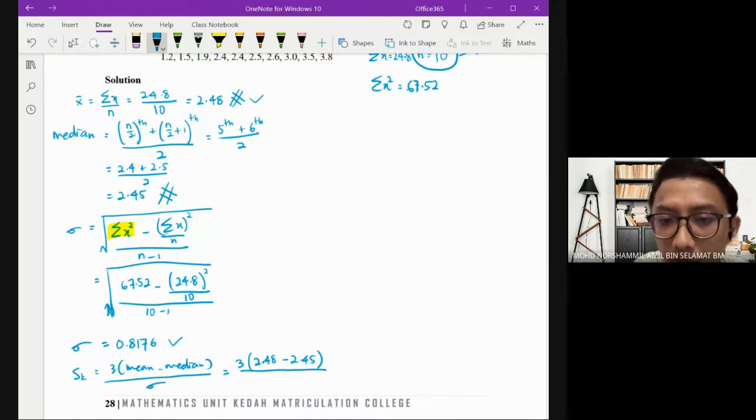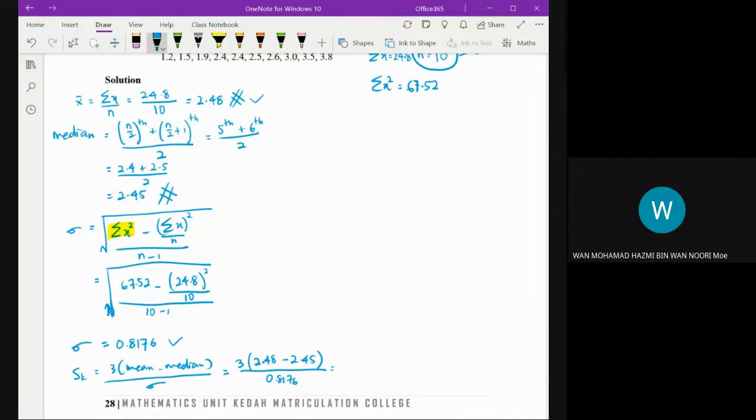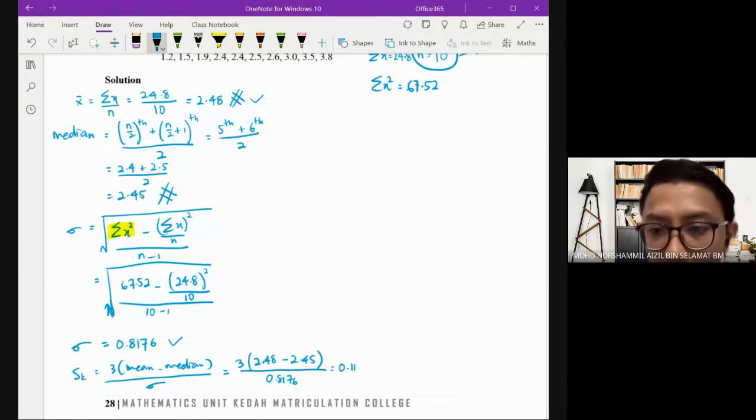So divided by our standard deviation just now, 0.8176. Okay, so what do you get for the answer? 0.1101. Exactly, yes. 1101. Correct.